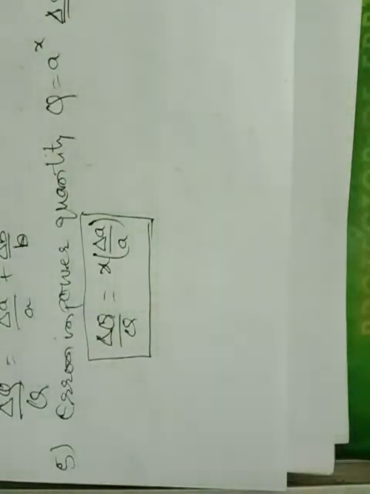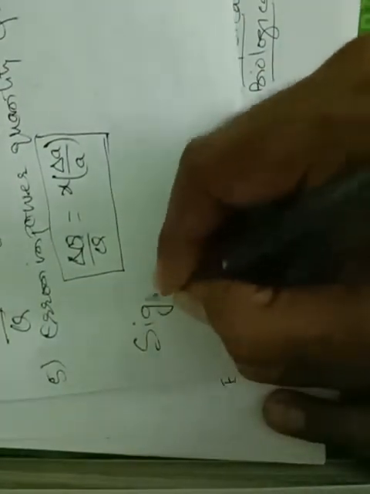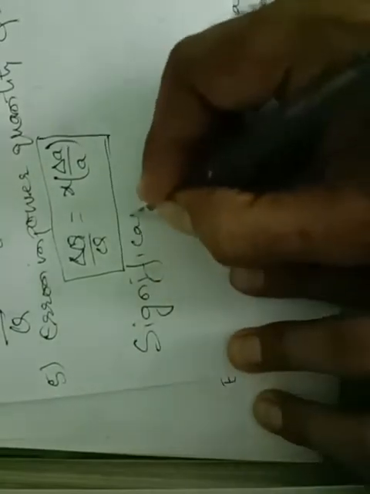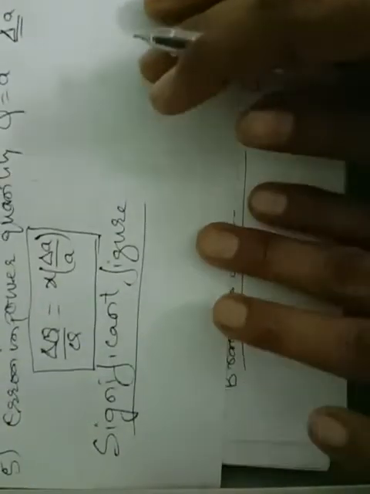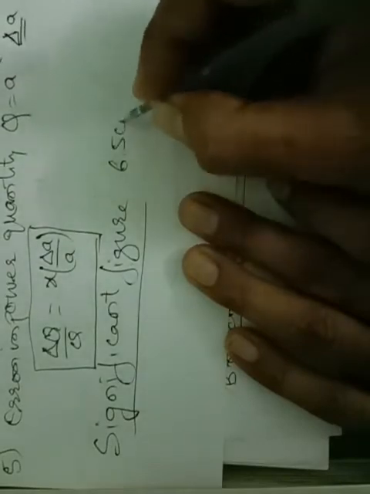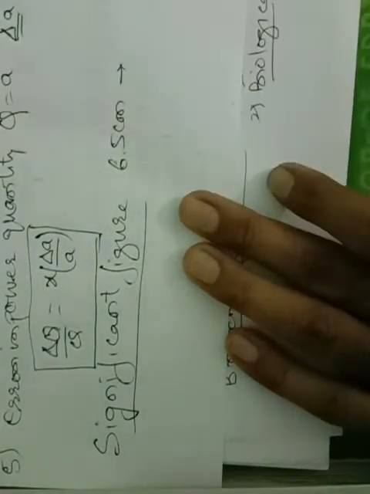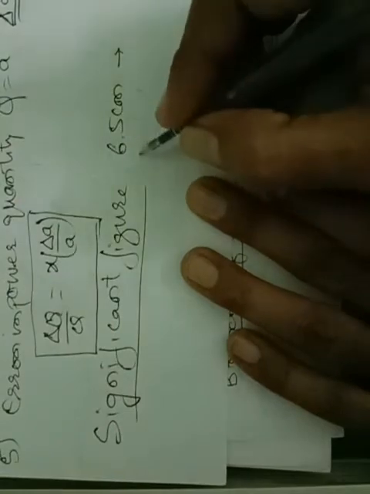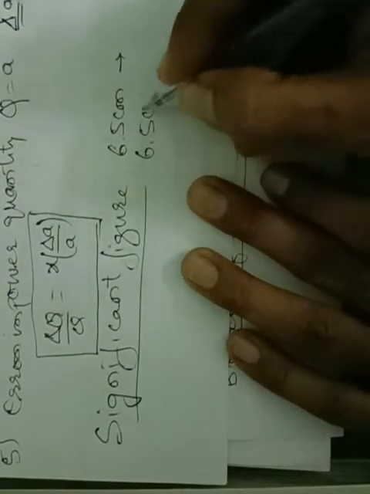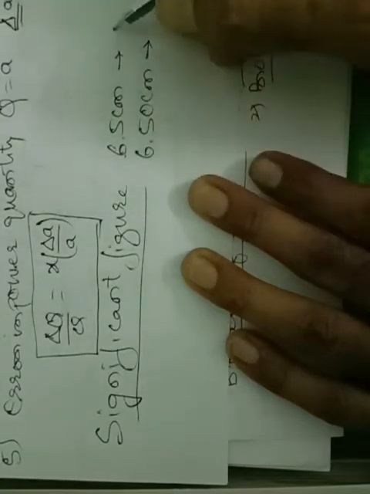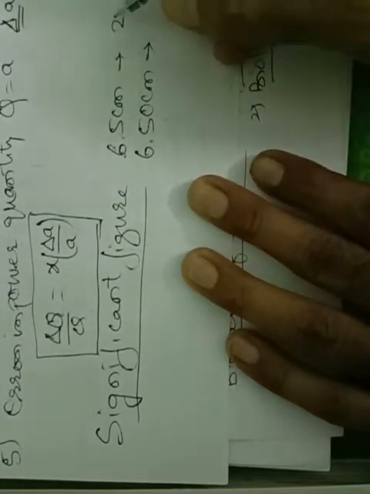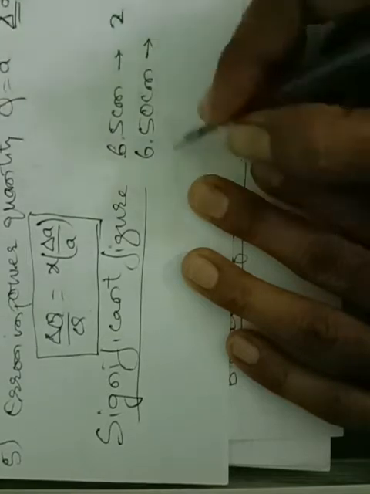Suppose, to understand this concept, I will give one example. By example you will understand very easily. Suppose I am writing 6.5 centimeter, and second I am writing 6.50 centimeter. Here 6.5 has 2 significant figures. Here 6.50 has 3 significant figures.